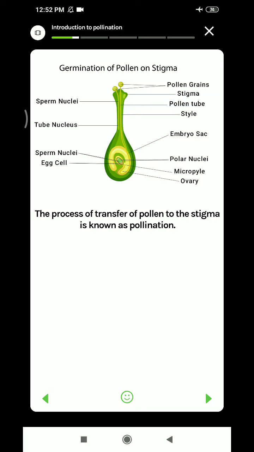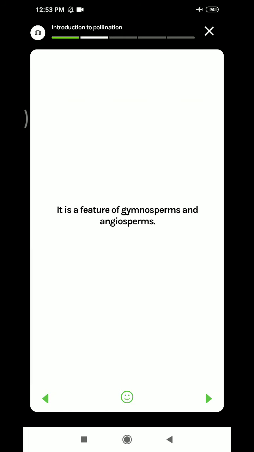The remaining you will read in your higher class. For now, there is no need to remember all those names. You just remember the pollen grain, stigma, pollen tube, and style. And the style, you can see, is the thread-like structure. So, what is pollination? The process of transfer of pollen to the stigma is known as pollination.